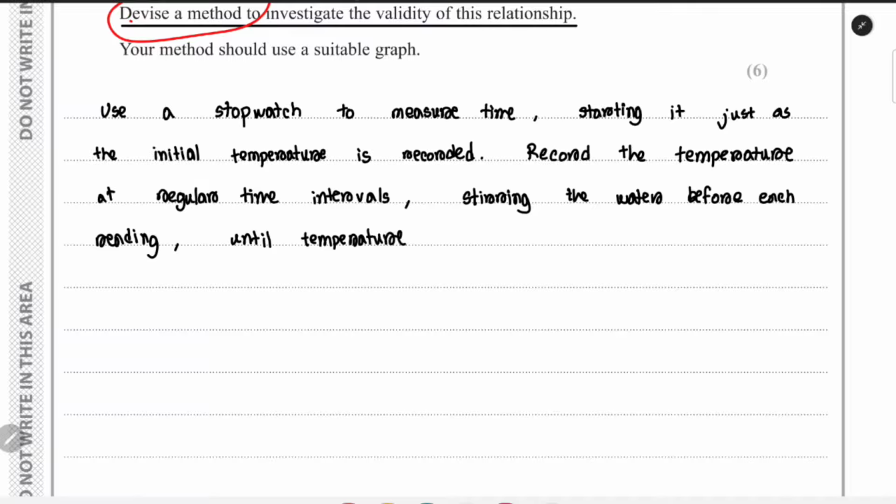And we'll keep on doing this until the temperature of the water is almost equal to the room temperature.